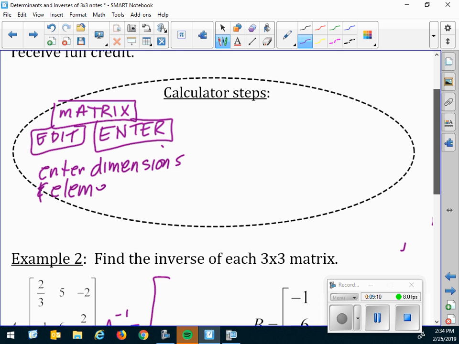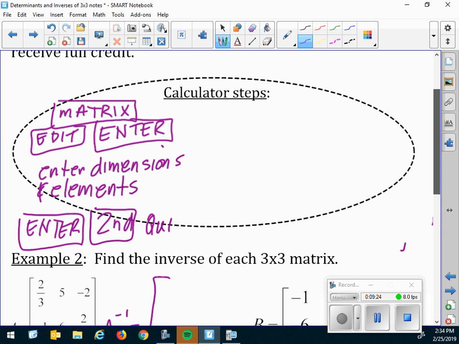That means the numbers in the matrix. Enter. And then second quit. So get that down. When I'm putting something in a rectangle, that means it's something you have to push on your calculator.